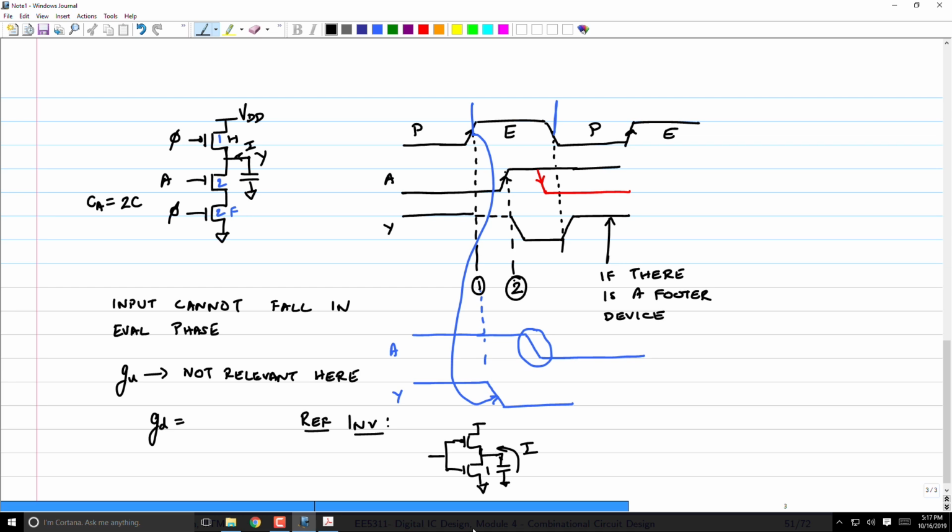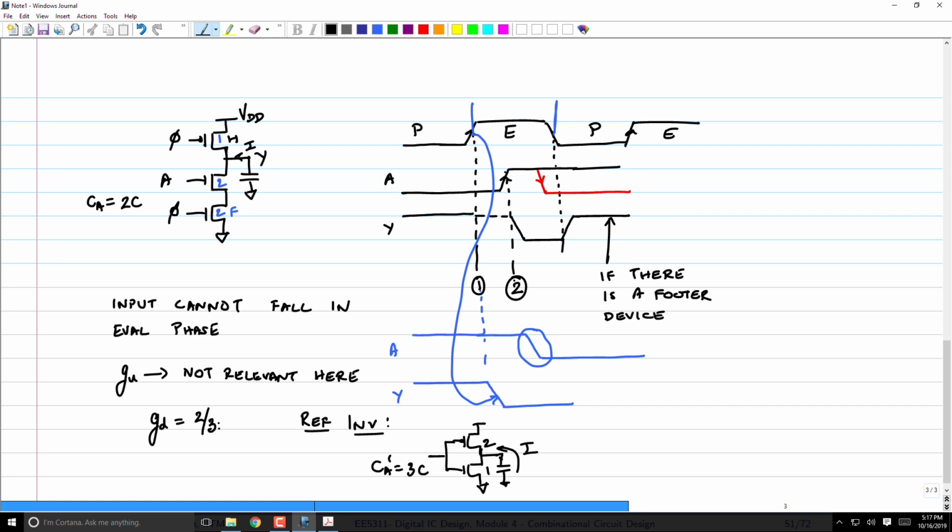If this is 1, what's the PMOS? 2. Therefore, CA prime is how much? 3C. Therefore, what is the pull down logical effort? 2 by 3. Clearly, this is a number that is less than 1. So it's faster than your static CMOS inverter whose logical effort is 1.